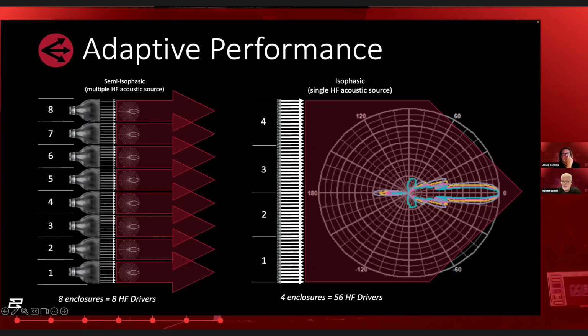It's certainly line source up to the horn, but once we get to the horn, it is actually just point sourcing a lot of this high frequency information into the listening space. Whereas we're looking at 8 enclosures on the left, we're looking at 4 adaptive enclosures on the right with a total of 56 high frequency drivers, but yet it's still acting like a single acoustic source. It still has all of that capability to expand or decrease the polar vertically.